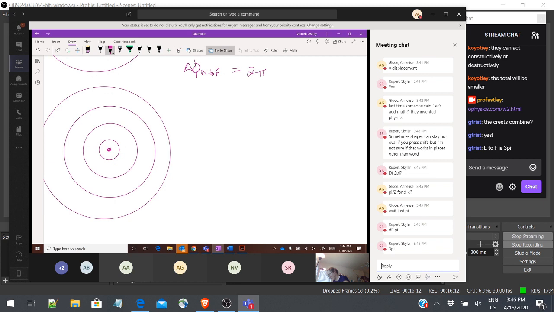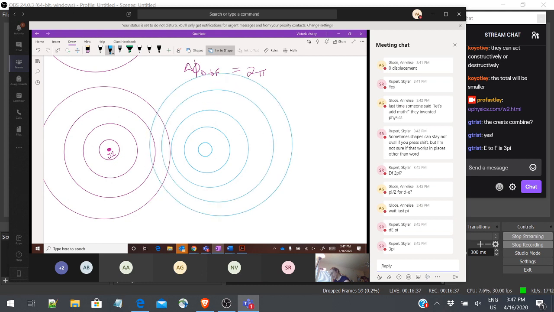Okay, here's source one. And then I'm going to do a different color because I feel like it. Over here. Why am I offset? It's because I can't draw circles, is why. It might just be this that's not doing it right.